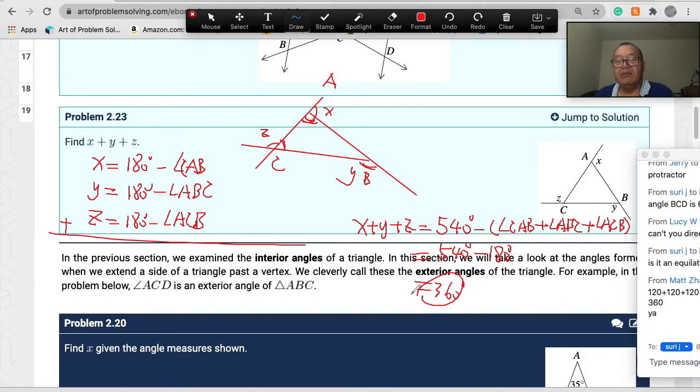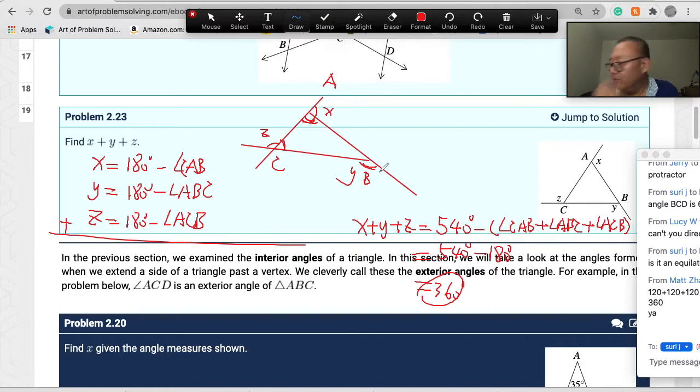So for this way, we don't require this triangle to be an equilateral triangle. This triangle can be any triangle. It's always true. Then you can think this one is actually very interesting.